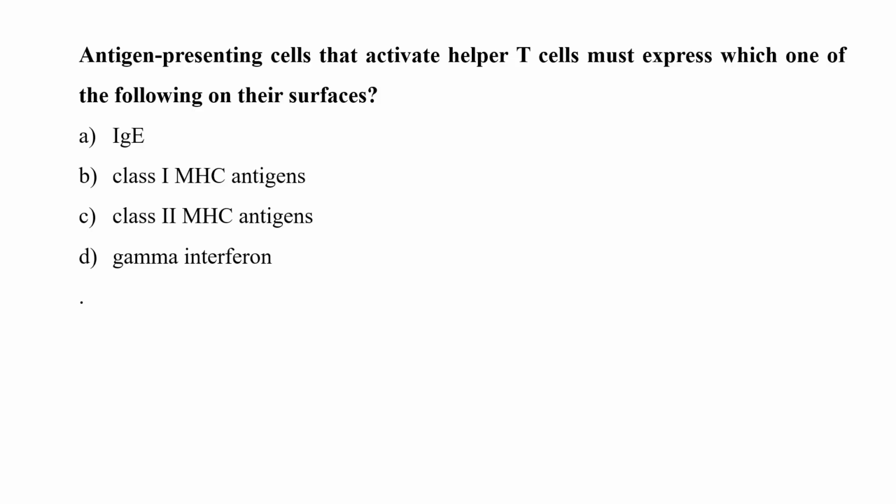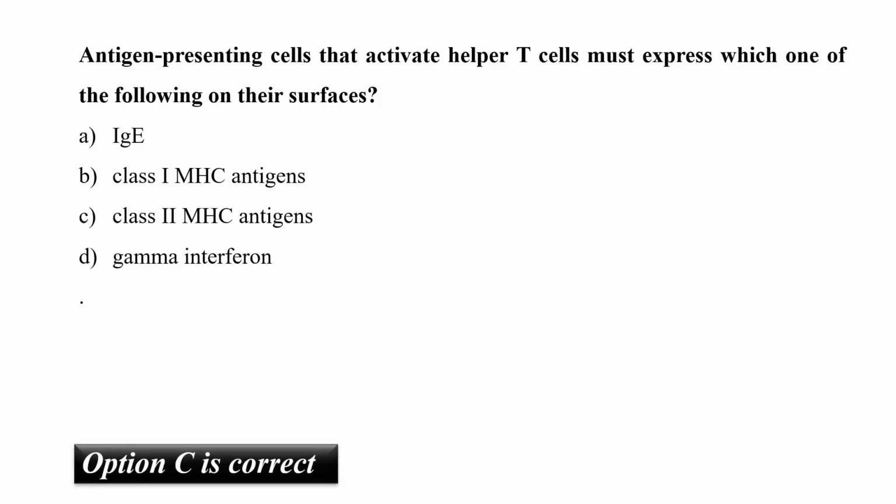They also require an additional co-stimulatory signal which is produced by the APCs, which leads to the activation of T helper cells. So basically class 2 MHC antigen bound receptor present on the APC, and also a co-stimulatory signal, is required for the activation of helper T cells by the APCs.